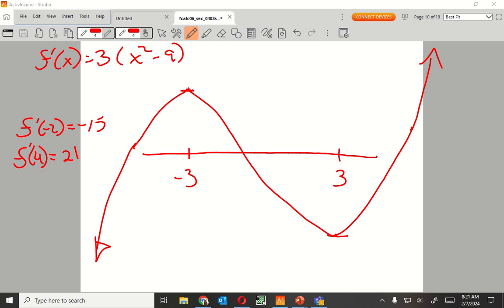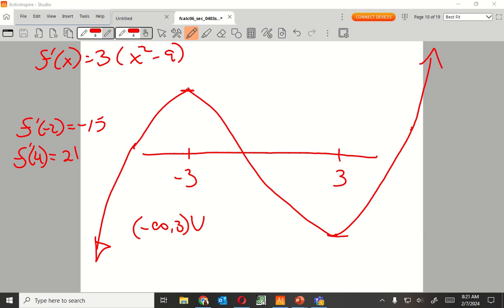So I tested the slope over here, so I know it's going to be increasing. I'm going to have an increasing slope from negative infinity to negative 3, right? So from negative infinity to negative 3, it's increasing. And is it increasing anywhere else? Yes, it is.